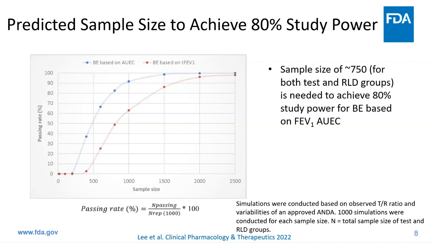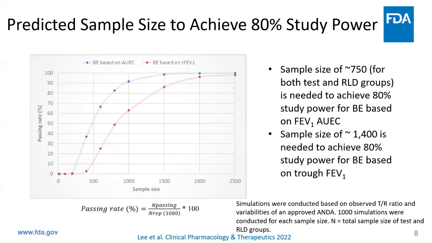From this simulation, we have seen a sample size of around 750 for both TEST and RLD groups is needed to achieve 80% study power for BE conducted based on FEV1 AUEC. And a sample size of around 1,400 is needed to achieve 80% study power for the BE based on the trough FEV1. So you can see it needs a very large sample size.